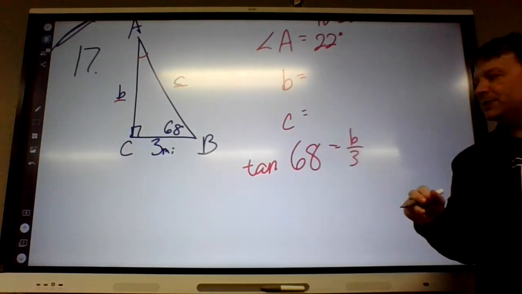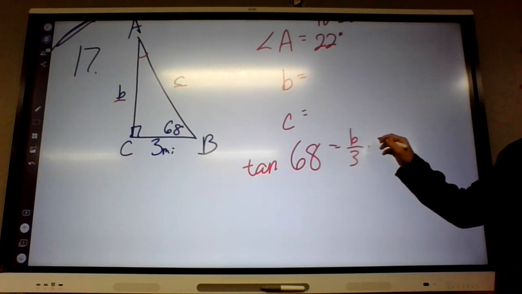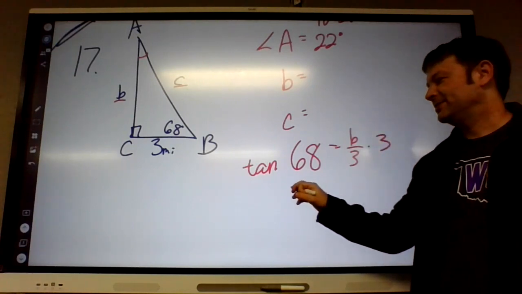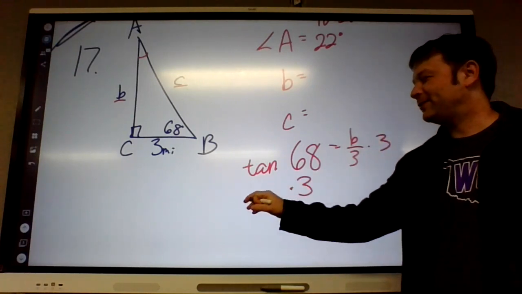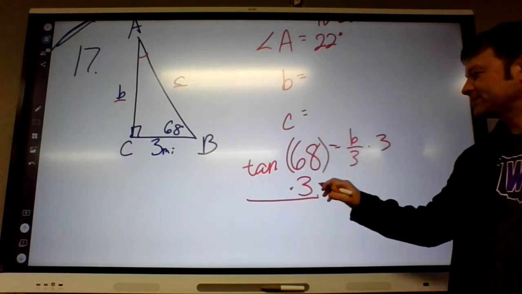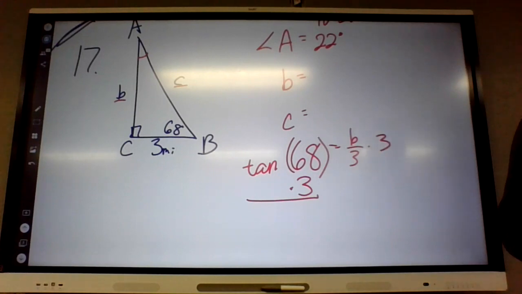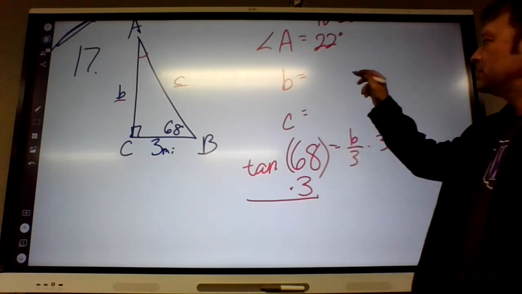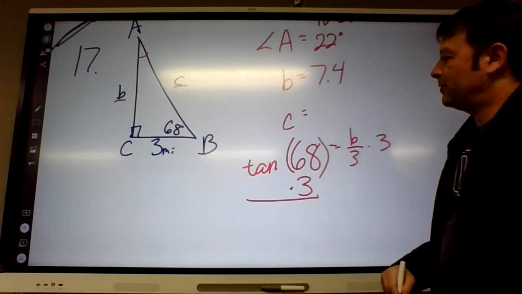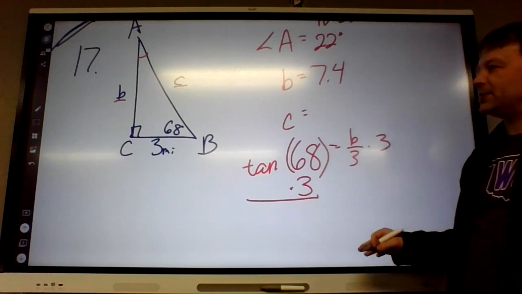How do I solve this for B? You multiply by 3. So it's just tan 68 times 3. Remember, we're rounding to the tenth place, the first decimal place. 7.4.